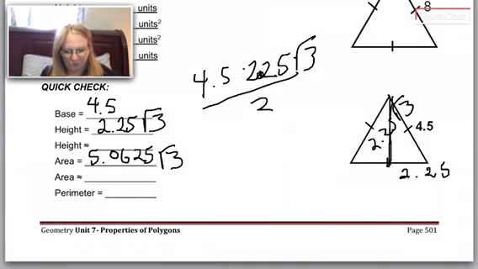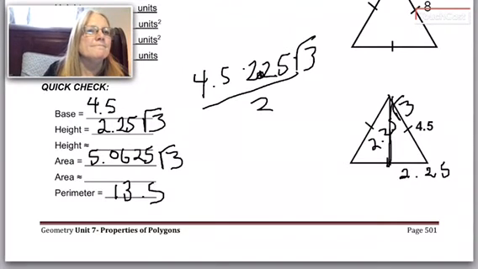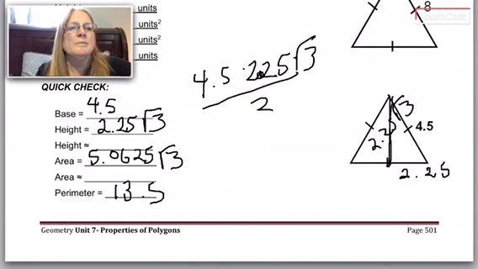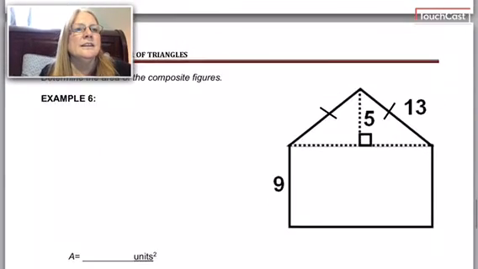And the perimeter is 4.5 times 3, or 13.5. Okay. We won't worry about the approximate heights now. Let's look at the last part.